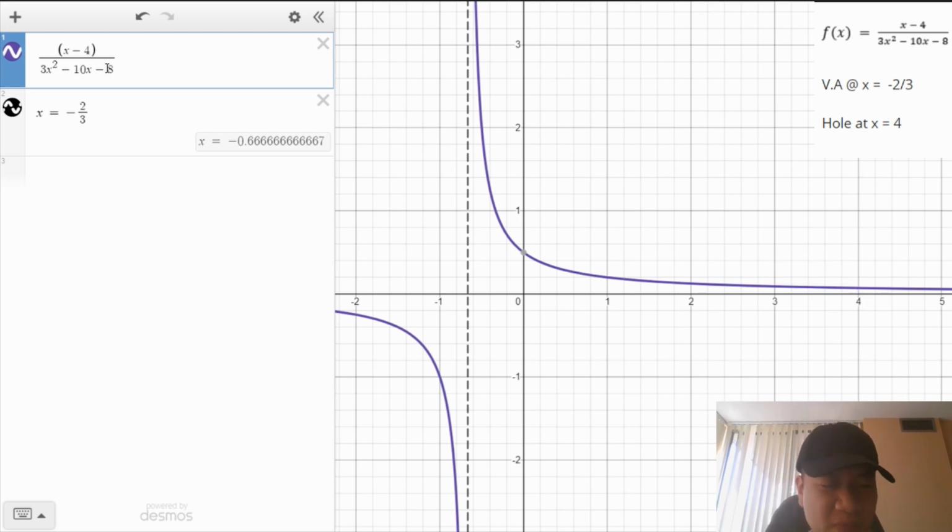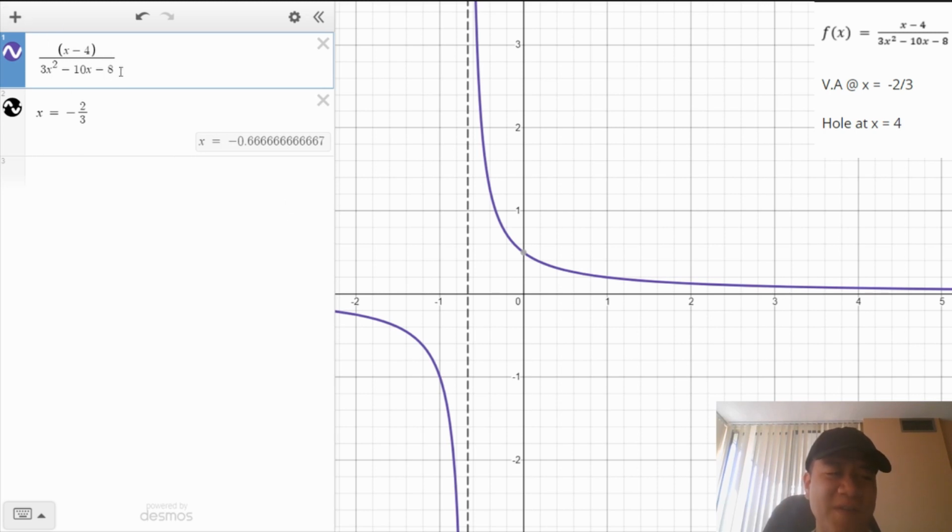You might be wondering, why is that the case? Because we're technically dividing by 0. If we substitute 4 into our function, we're going to get something divided by 0. And wouldn't that be a vertical asymptote? That's not always the case. We only get vertical asymptotes when it's a number other than 0 divided by 0. In this case, if we substitute 4 into our function, we get 0 over 0.